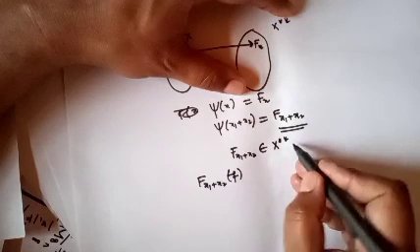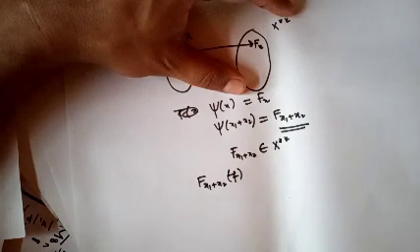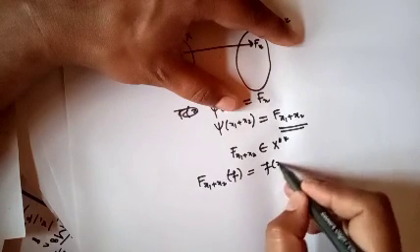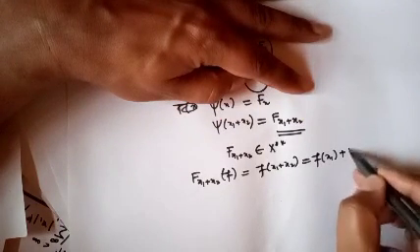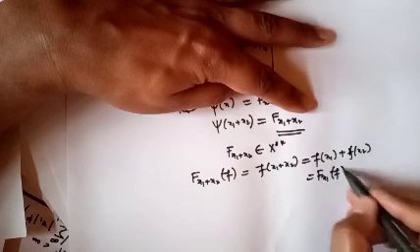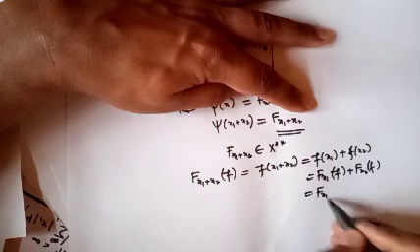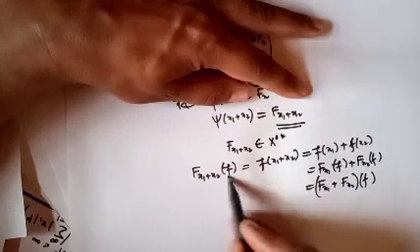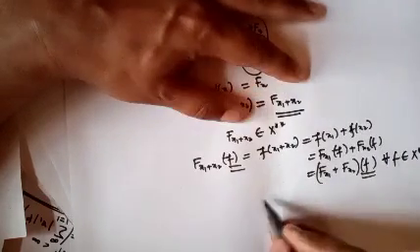Of course f belongs to X star, because it acts on X with its codomain as the scalar field. Now by our formula this should be f of x1 plus x2, but f is linear, so it is f of x1 plus f of x2, which is the same thing as f sub x1 at f plus f sub x2 at f, which is the same thing as f sub x1 plus f sub x2 evaluated at f.